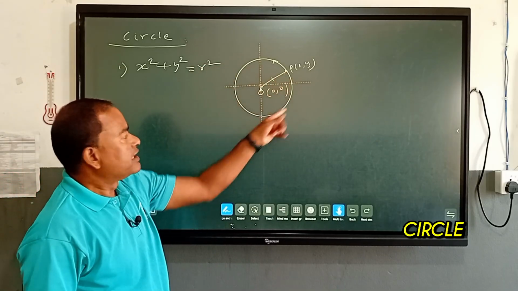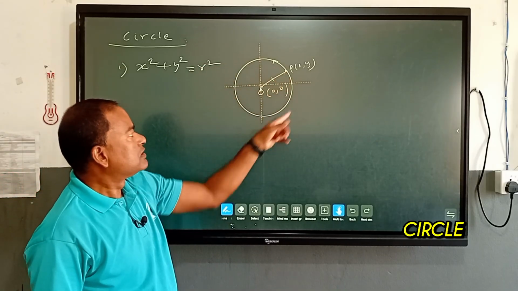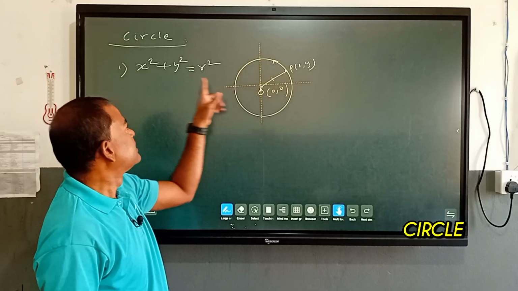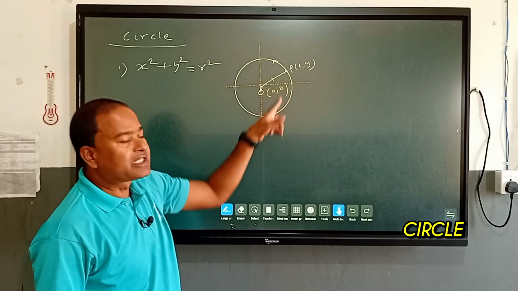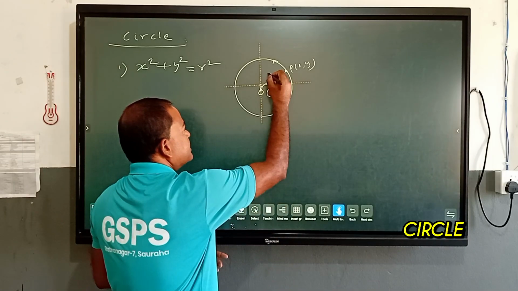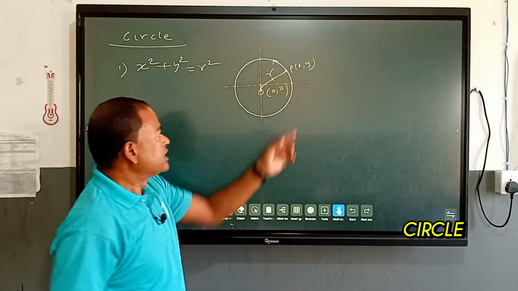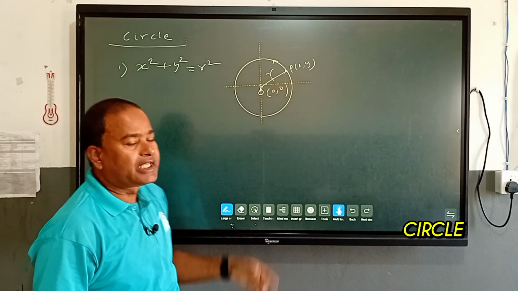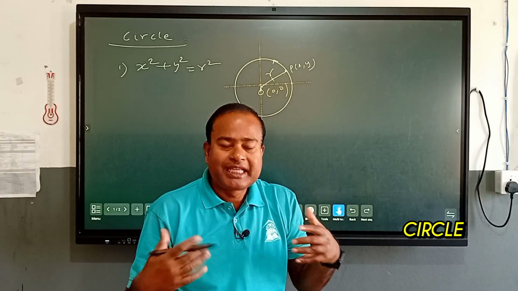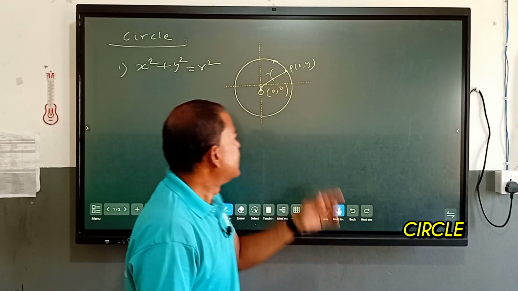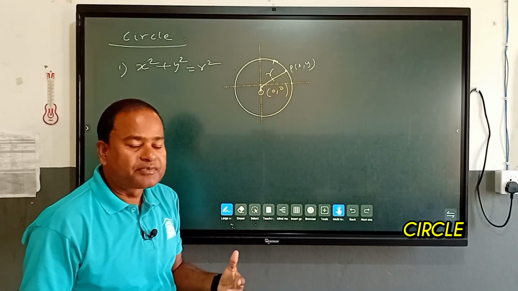(x, y) is the point of the circle, or we can say it is the moving point, and the center of the circle lies at the origin, and OP is the radius. Dear students, the equation of circle in the standard form is x squared plus y squared equals r squared, where r is the radius of the circle.